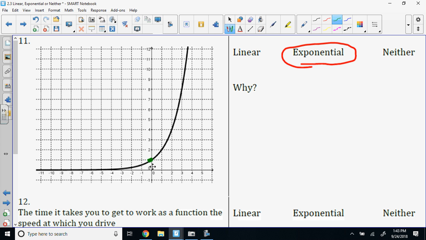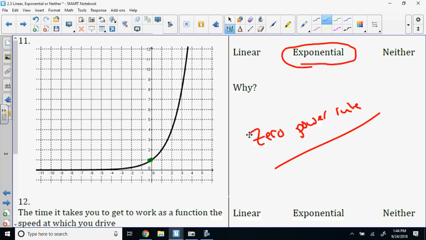All right, Michaela, go. What's the zero power rule say?